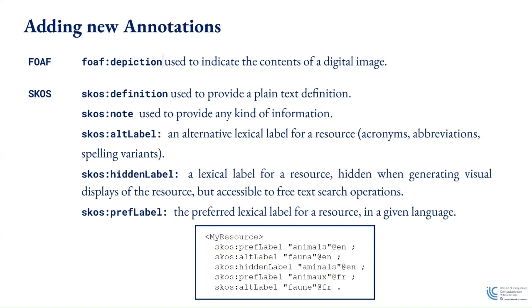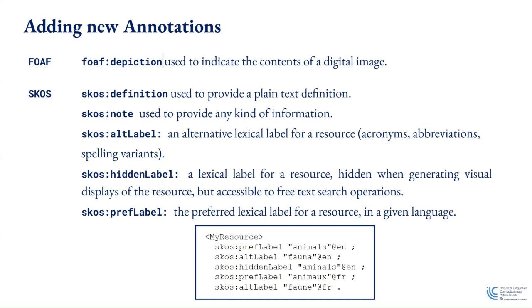So, for example, we will not use this today, but it could be useful. You can introduce on the TBox annotation property, the FOAF property depiction, and add content of a digital image. For example, if you have an image of a triangle, if you want to associate to a class a specific image of that triangle, you have to use the annotation property FOAF depiction.